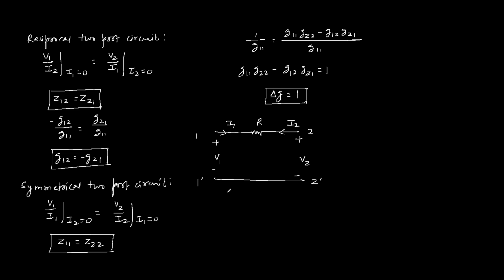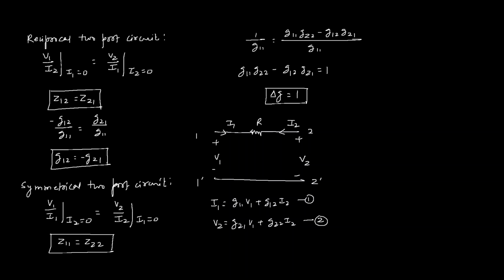So to write the G parameters for this circuit, let us write the equations for G parameters, which is I1 equal to G11 V1 plus G12 I2. This is the first equation, and the second equation is V2 equal to G21 V1 plus G22 I2. Now, by applying KVL and KCL, we will write two equations in the form of equation 1 and 2.